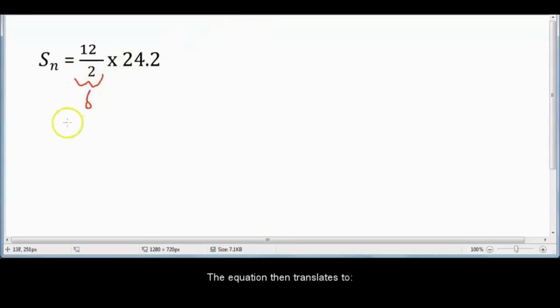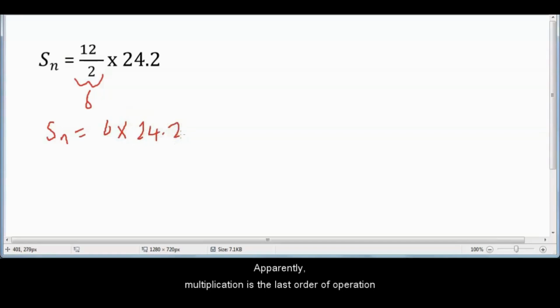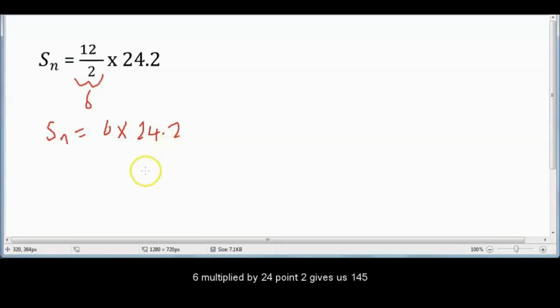The equation then translates to S subscript n is equal to 6 multiplied by 24.2. Multiplication is the last order of operation. 6 multiplied by 24.2 gives us 145.2.